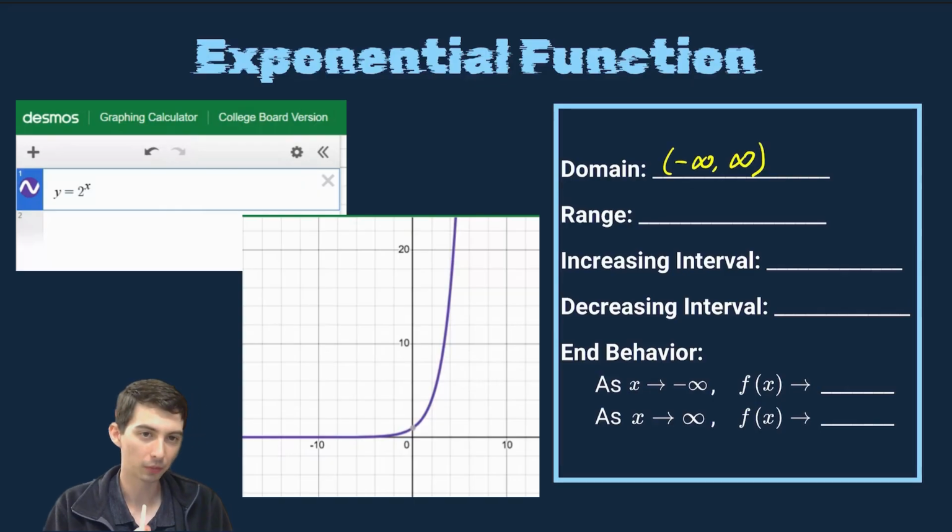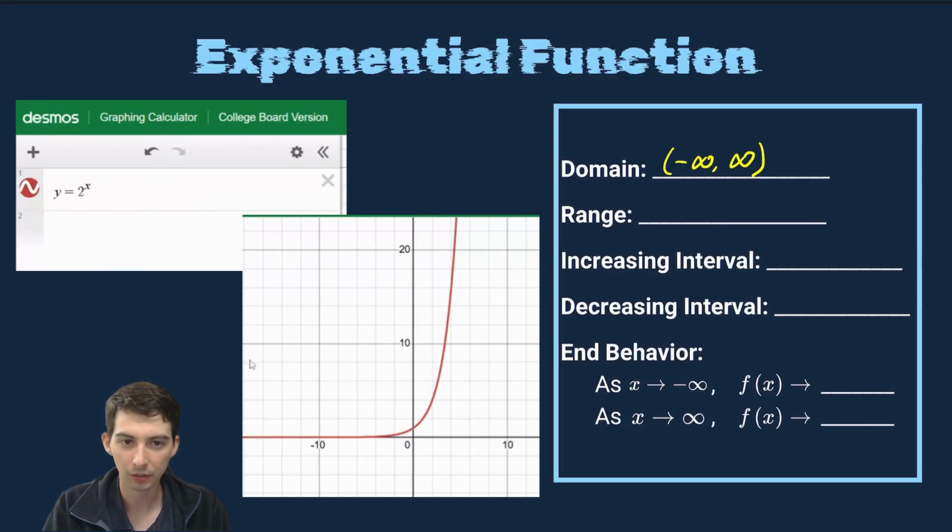The range gets a little more tricky here because I see that this graph is flattening out really. Maybe I can change this to red so that we can see it a little better. As I come down here, I see that my y values are getting really, really close to 0, but we're never actually reaching 0.